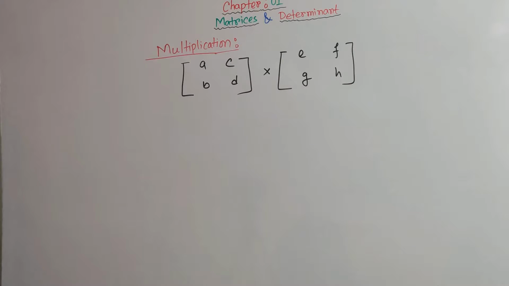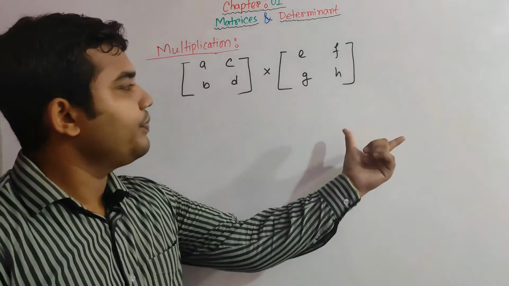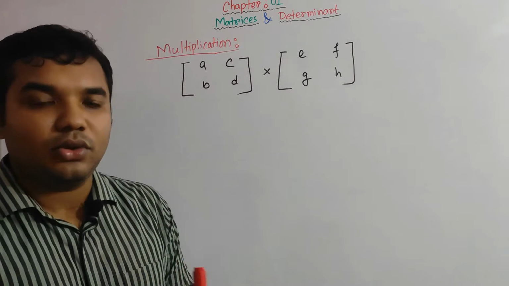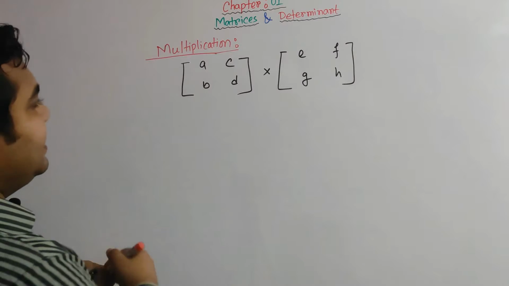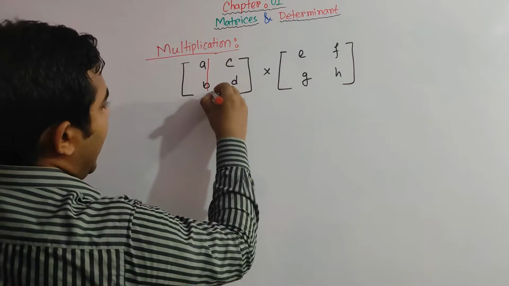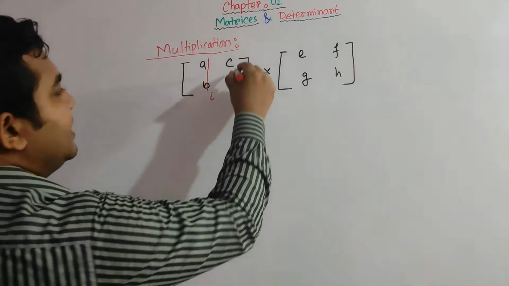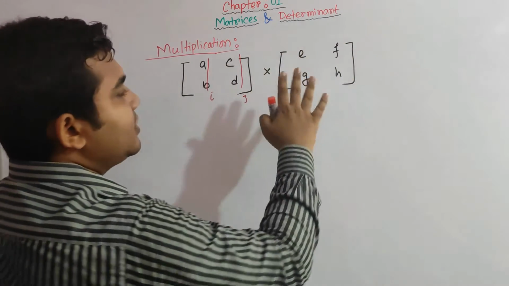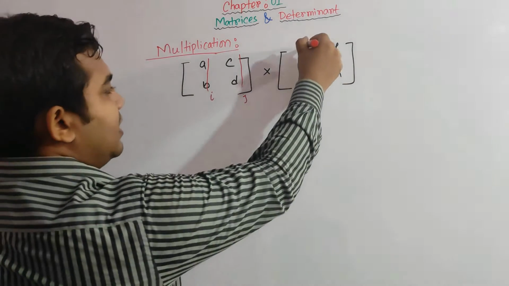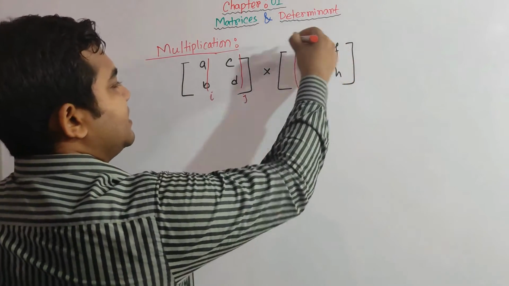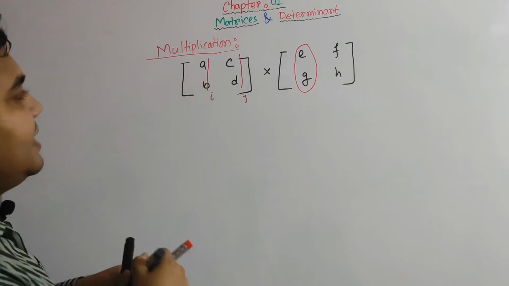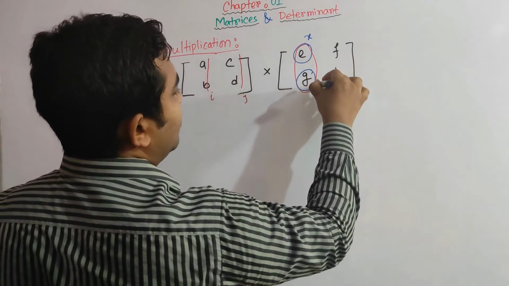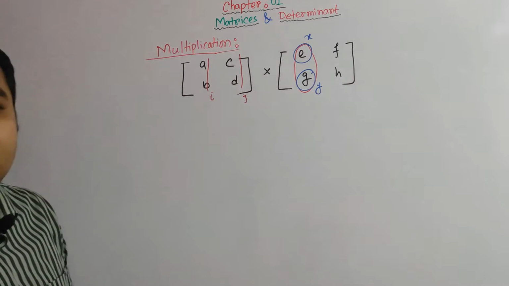So here I am just writing 2 matrices. I was talking about this being our i column and this our j column, but actually we are thinking for 1 by 1 first. Here we are thinking that this is our x and this is our y. So what was our formula?